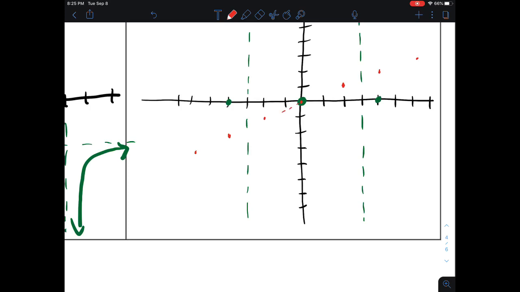All right, and then I'm going to connect my dots here with a little dashed line, try to keep it going. So this is what the ends of the graph are going to head towards.